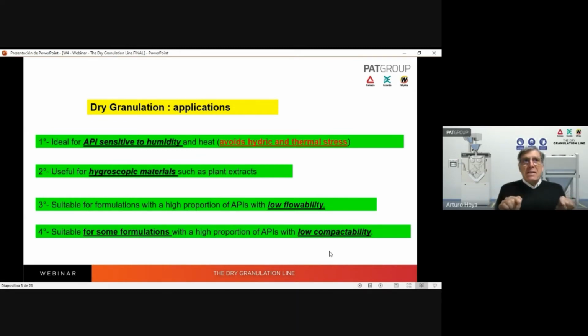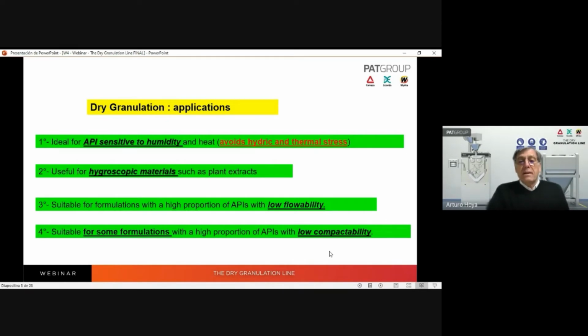In these cases, API with plastic deformation, probably this technology will not be a solution. So, for some formulations where the API in high proportion is fragmentary, in this case, dry granulation will have good performance. So, this is a general application of dry granulation. It is good for these cases.